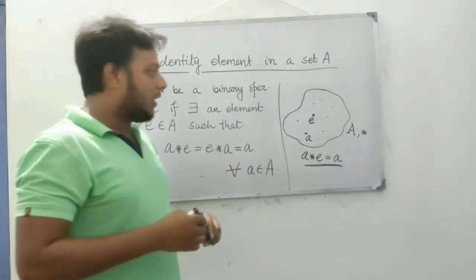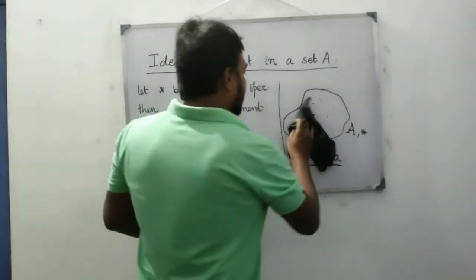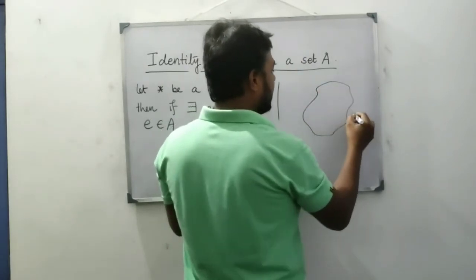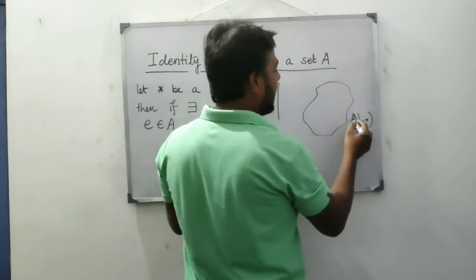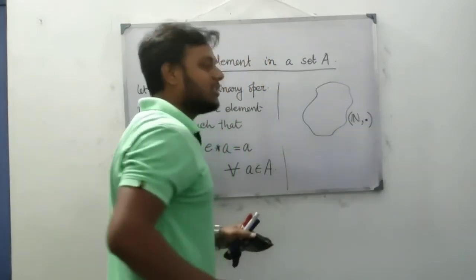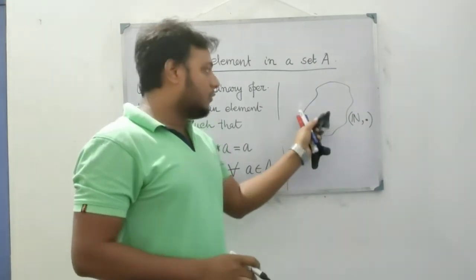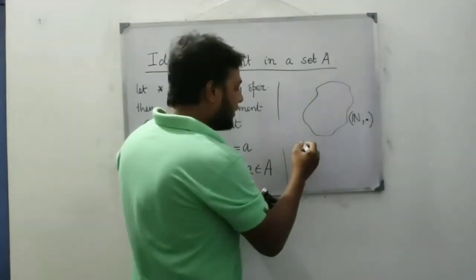Clear? Now I am considering some examples. Suppose if we consider the set of all natural numbers, then clearly dot, that is multiplication, is a binary operation. Now we have to find out the identity element. Clearly 1 is the identity element.